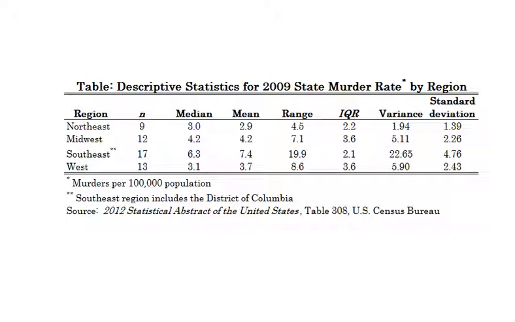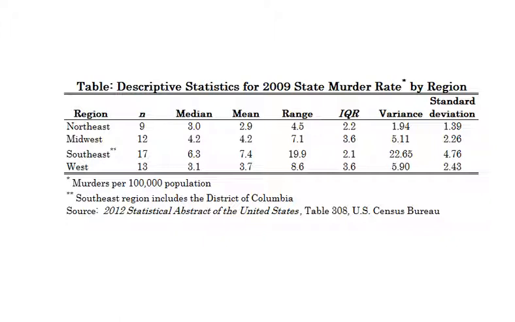The range and interquartile range are 2 basic measures of dispersion, and what we notice here is that the range for the Northeast is far lower than the range is for the other regions, especially in comparison to the Southeast. This suggests that the states in the Northeast are all clustered very closely together in terms of murder rate, while the Southeast has a much wider spread.